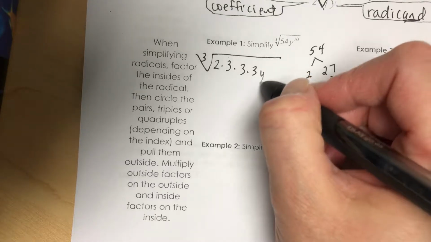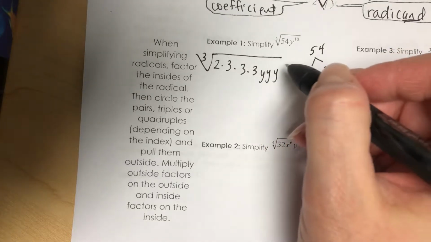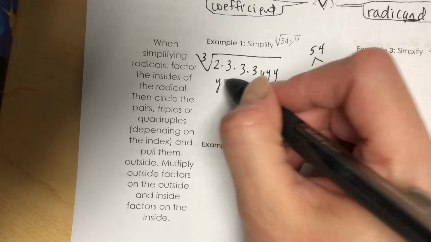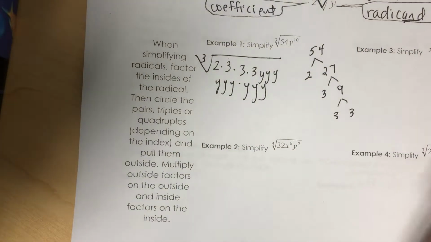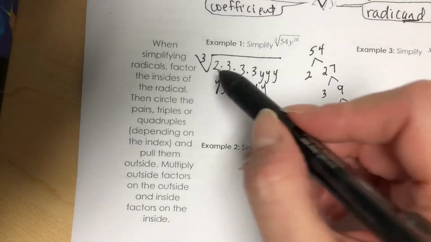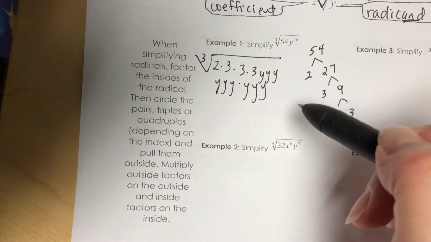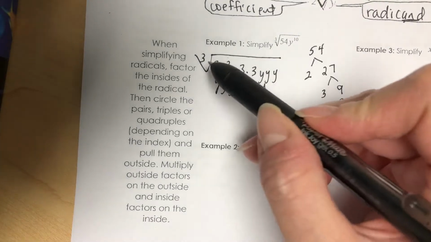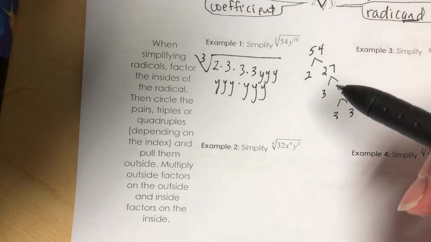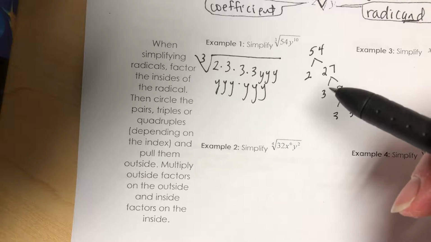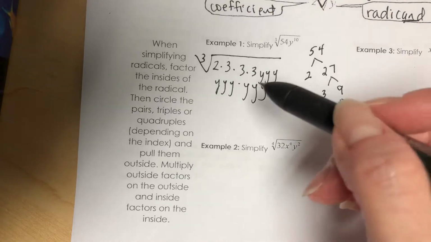So I'm going to write y times y times y, and I'm going to keep on going over here. Now that I've got all the factors listed out inside the radical, because it's a cube root, it's asking me for something that I can multiply by itself 3 times, or cube, to give me these values.